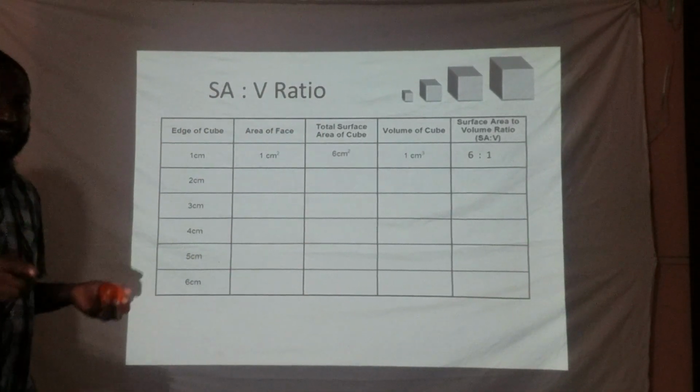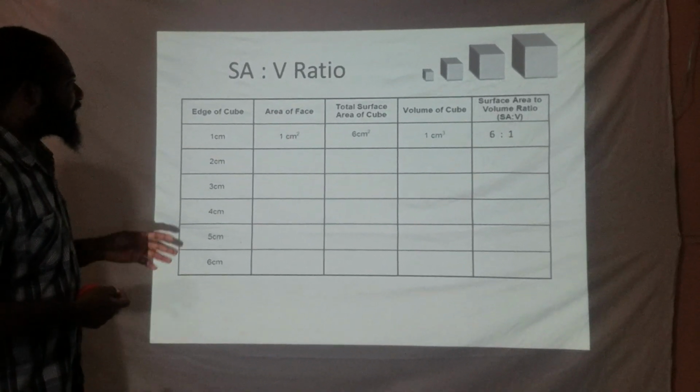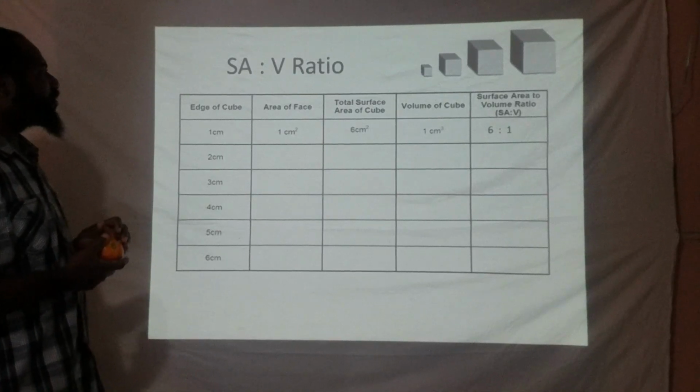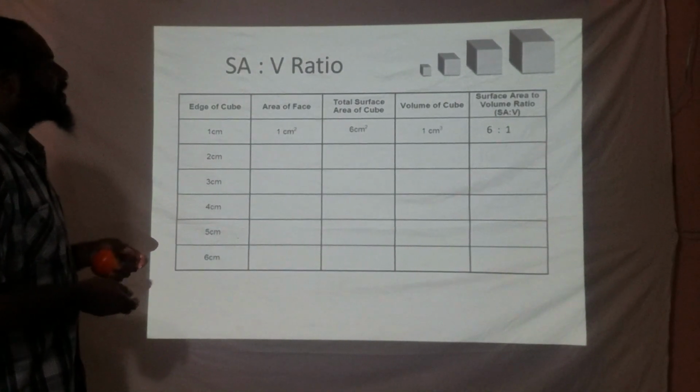If you look at your PowerPoint presentation that you should have in your possession, we are looking at a table, and this table is showing us the surface area to volume ratio.